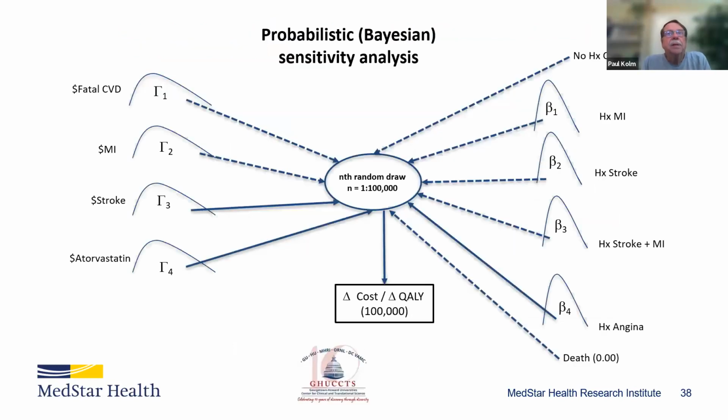And so this is kind of a schematic here of what we're doing when we do probabilistic sensitivity analyses. We're going to take a random draw from our different distributions. So we might, for example, draw from a distribution where the patient had a stroke, they were taking atorvastatin, they had a history of angina, and then we would also have to have in here how long they were followed.